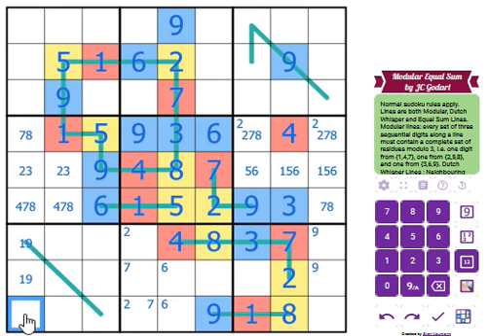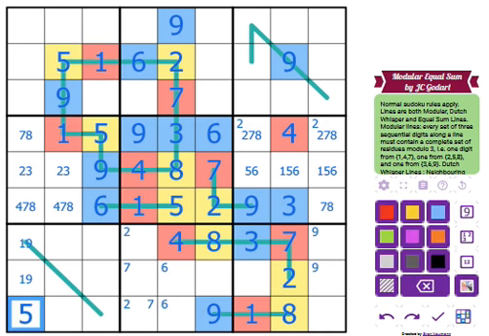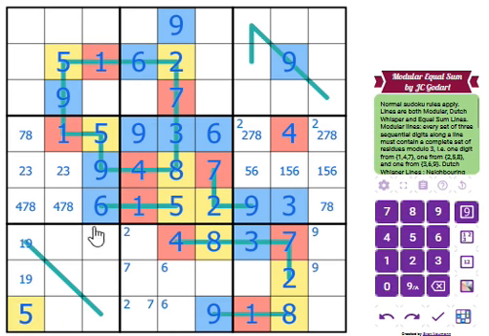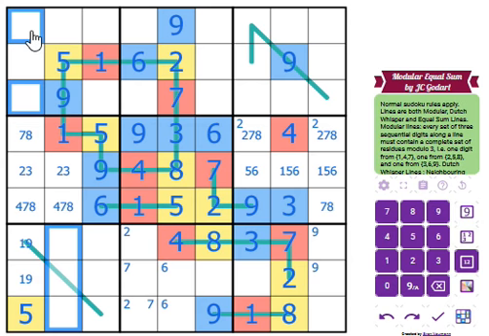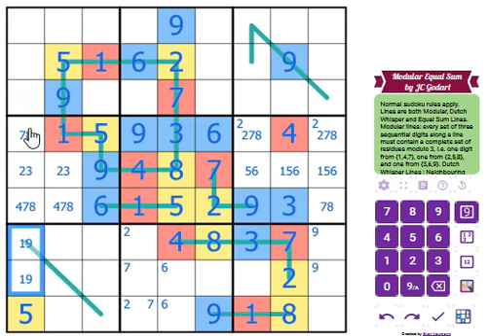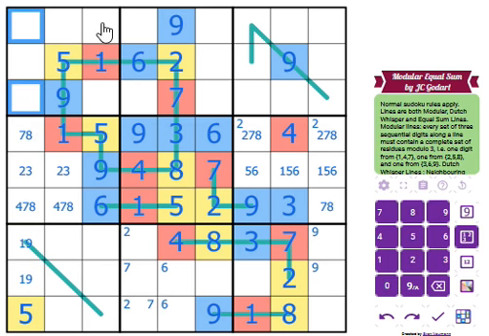5. So this is the 5. 6 goes here, and here. 1, 9. So there's a 6 here. So what are we missing? What else are we missing here?